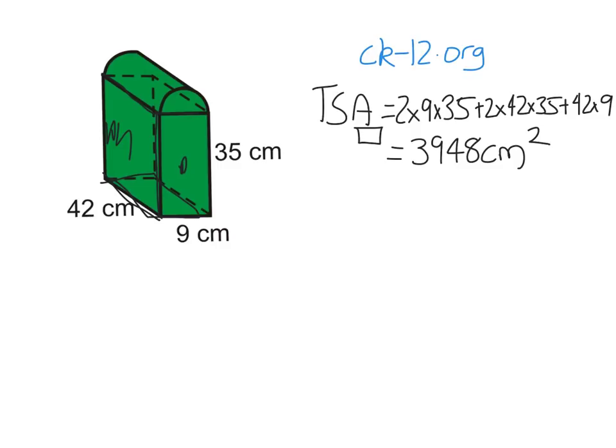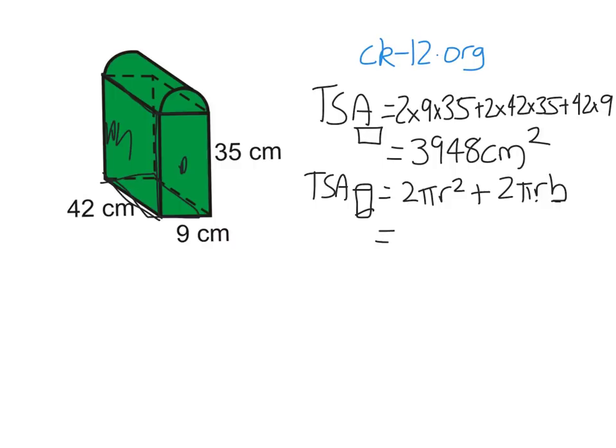So now I have to find the one for the half cylinder. So this is only half a cylinder, and sorry for my really bad cylinder drawn there. So the total surface area of a cylinder, you need to know the formula. You'll be given a formula sheet, but you'll need to be able to identify that this one here is the surface area of a cylinder. So 2 pi r squared plus 2 pi r h. Again, h means perpendicular height, r means radius.